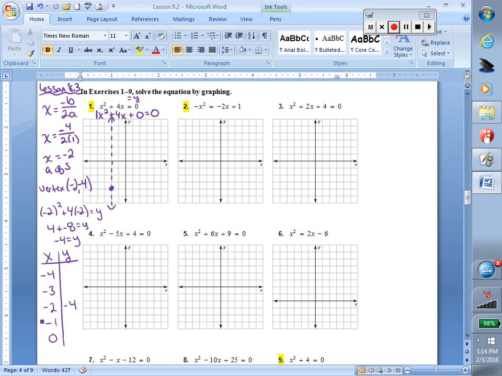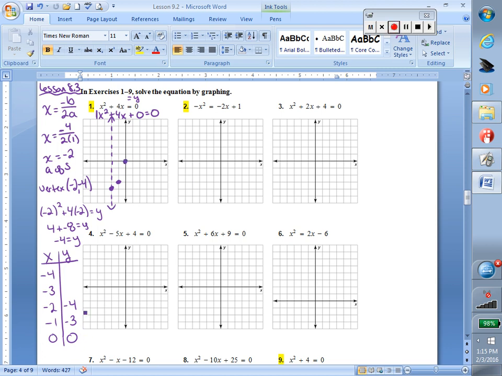So if I put negative 1 in for x, I square it, I get positive 1, plus negative 4, we end up with negative 3. If I put 0 in, 0 squared is 0, plus 4 times 0, I get a 0.